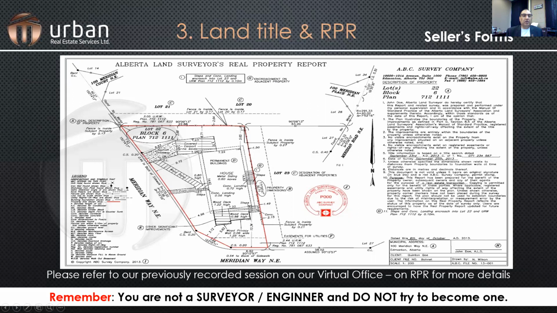The steps and concrete landing, number 1, is saying that it encroaches into lot 23. So this is the lot, the adjacent lot is lot 23, and it is encroaching there. And G verifies that it's an encroachment on the adjacent property. And what is encroaching? It's the steps and the concrete landing. So this is the landing and there are steps.